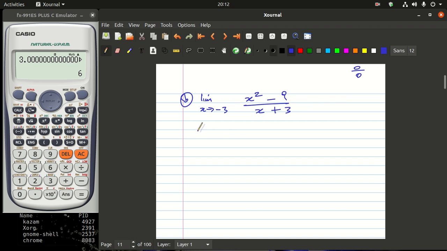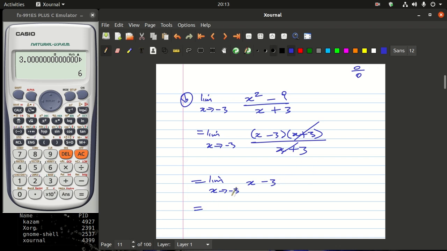This is going to be the same as the limit as x approaches minus 3 of x, this is going to be the same as the previous one, so we're going to have x minus 3 and x plus 3, all over x plus 3. Again, this and that will cancel out, and now you will end up having the limit as x approaches minus 3 of x minus 3.